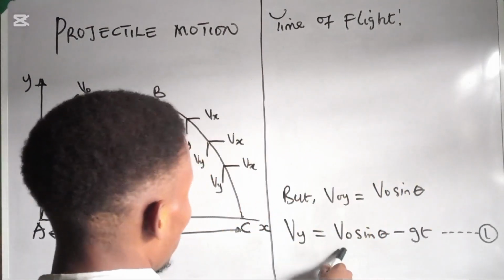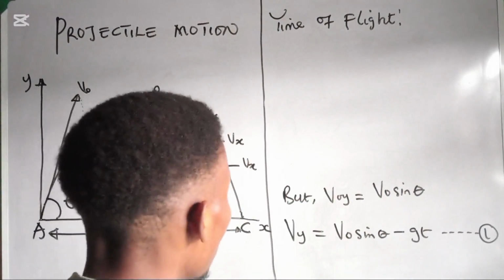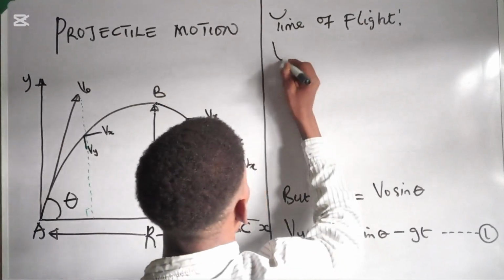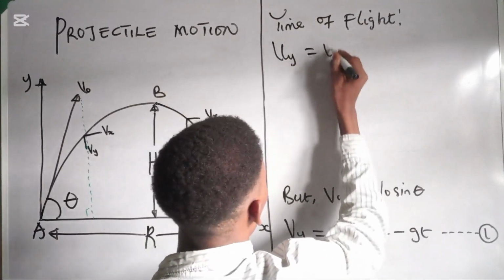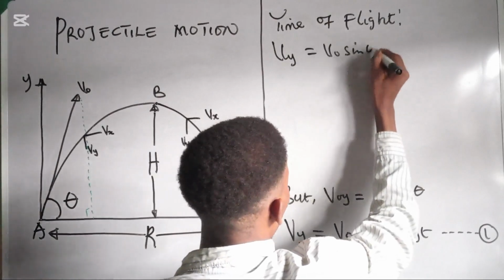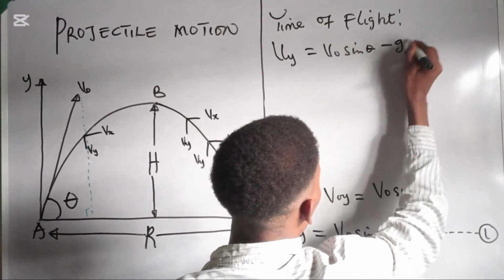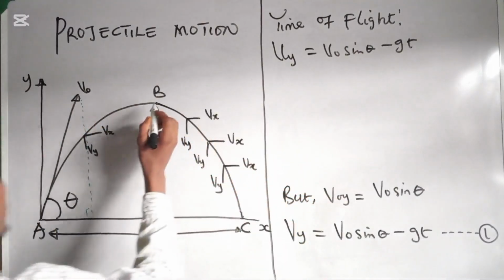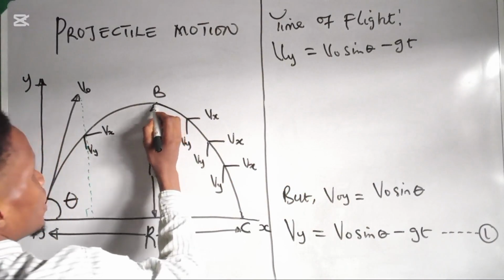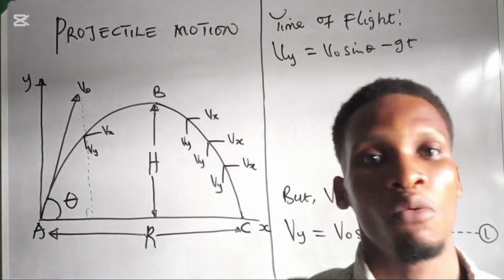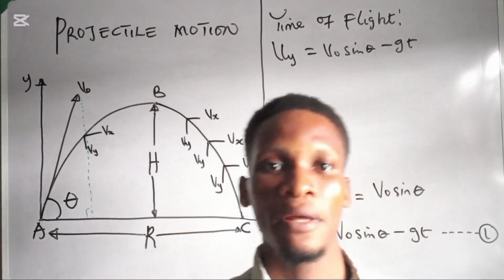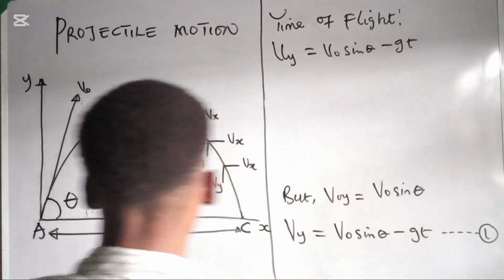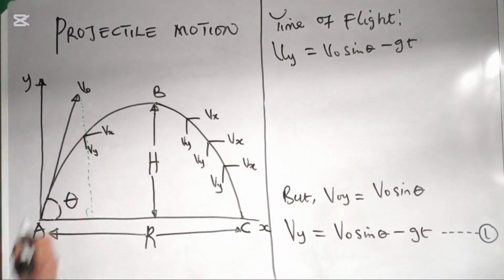With this equation I've already given to you, it will be easier to get the time of flight. We can now write the equation as Vy equals V naught sine theta minus GT. Now recall that at the maximum height, which is this point, the velocity is 0. That is the final velocity, not the initial velocity, because the initial velocity was when it was projected.